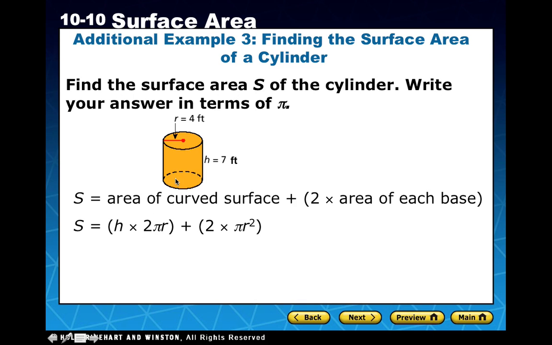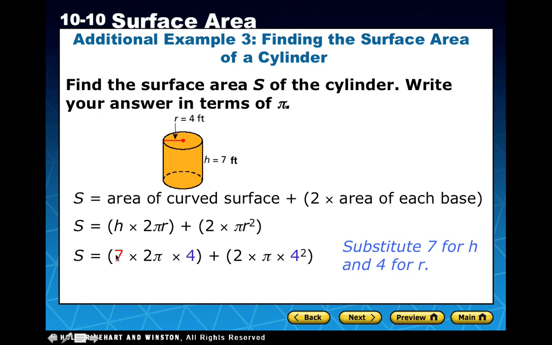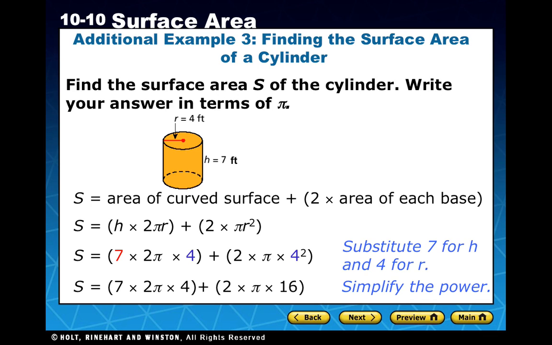That will give us the area of this curved surface, the middle part. And then 2 times pi r squared, 2 times the area of that circle. So we'll substitute in 7 for height, 4 for the radius. And then we're going to use order of operations to simplify.